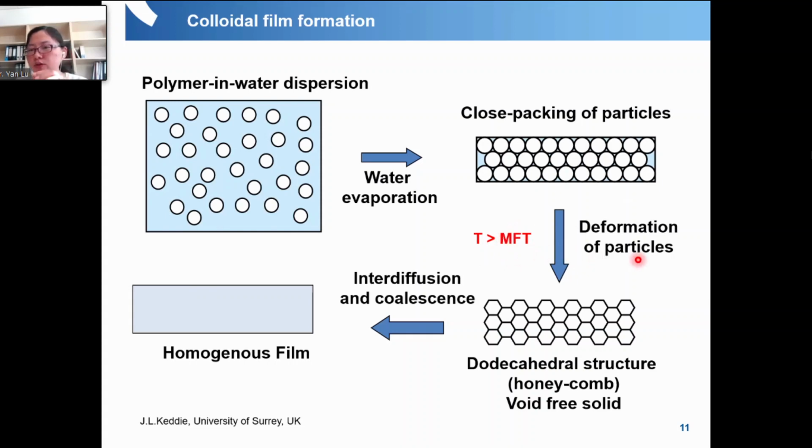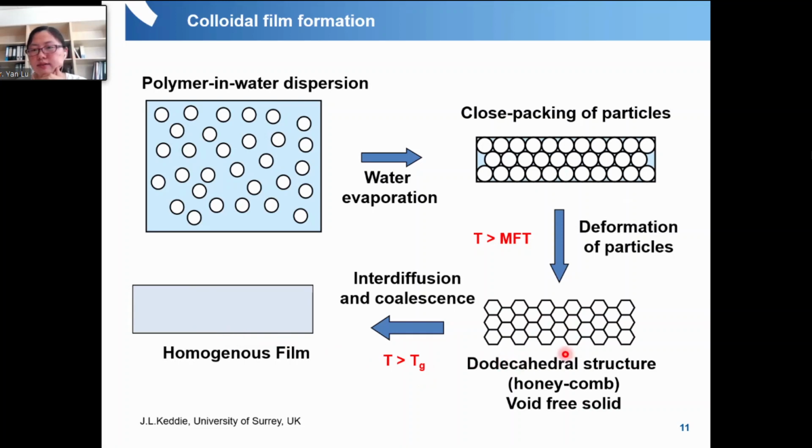Otherwise, it will not deform to form such a compressed layer or compressed formation. Another very important temperature is here: the drying temperature of the film should also be higher than the glass transition temperature of the colloidal particle.